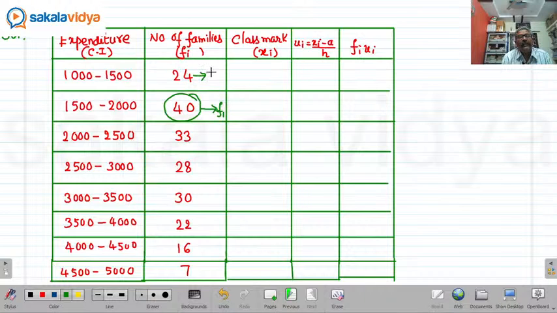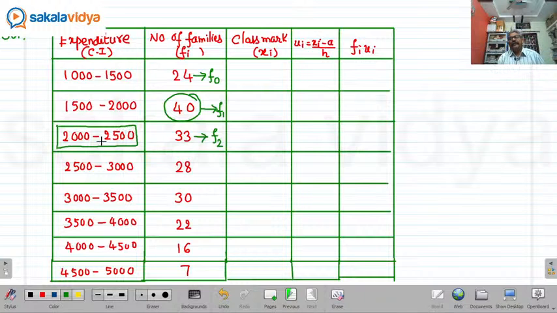Obviously, this will be F0, which is actually preceding to this modal class. This is the frequency F2, succeeding. 24 is F0, 40 is F1, 33 is F2. So this will be the modal class. Next, this is a continuous class. The difference will be 500, 500, 500. So h will be 500 obviously.